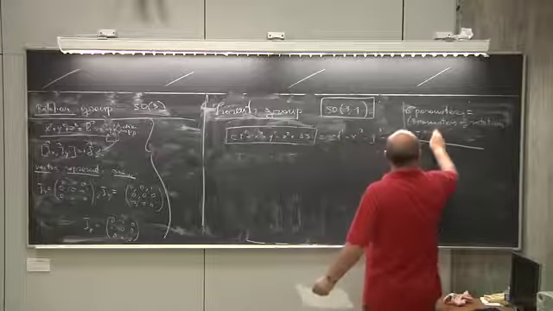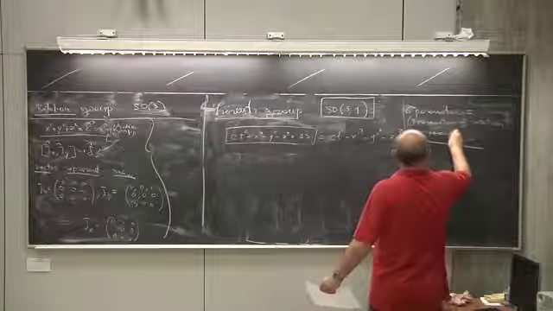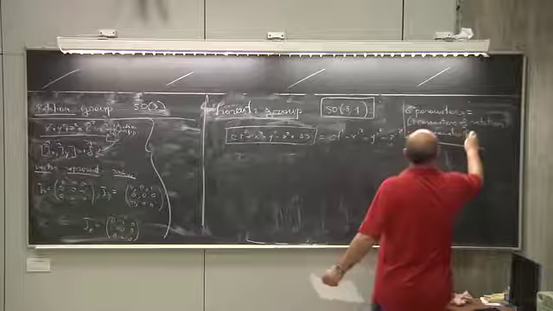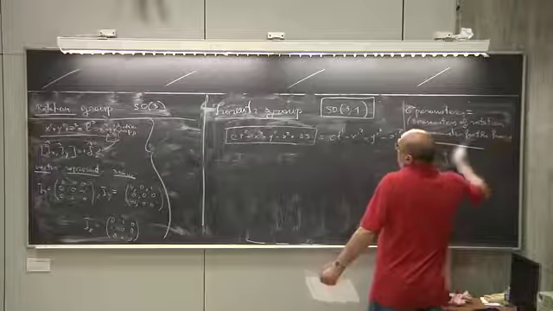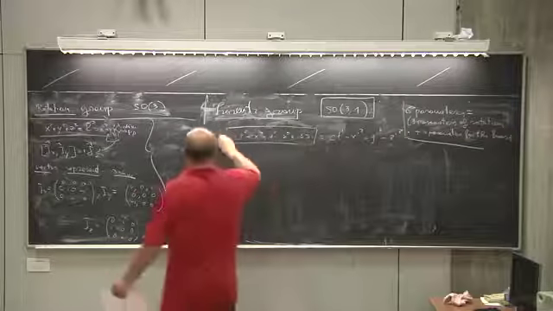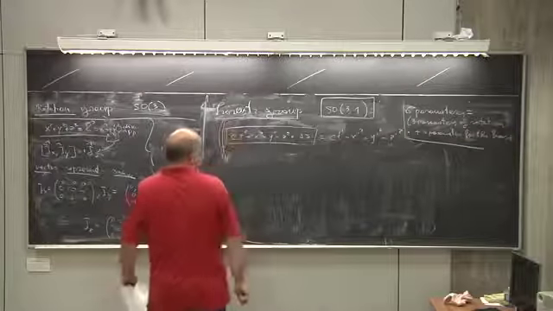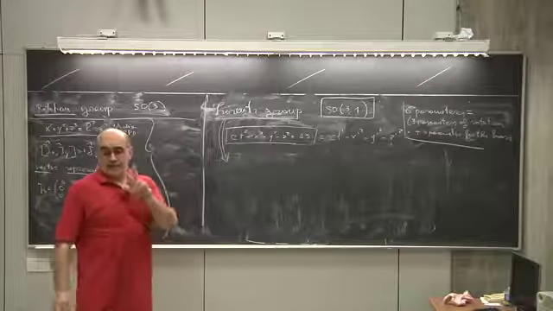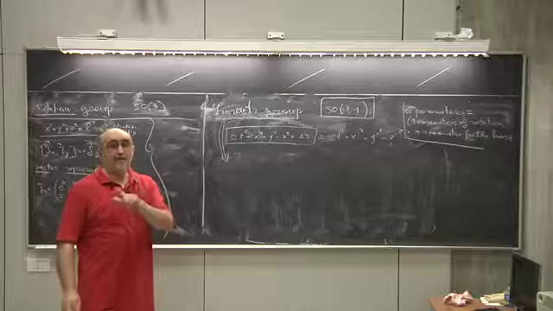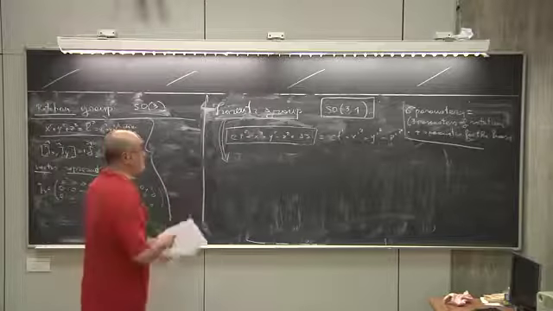Plus 3 parameters for the boost. As we have a group, we have a Lie algebra. And in the algebra, how many generators are there? 3 or 6? 6, because we have 6 parameters. So we have to find 6 generators.